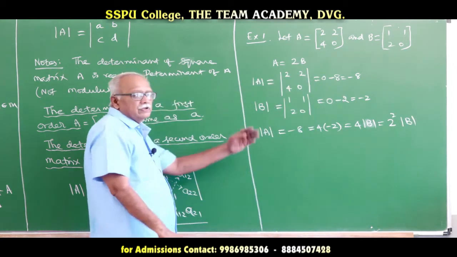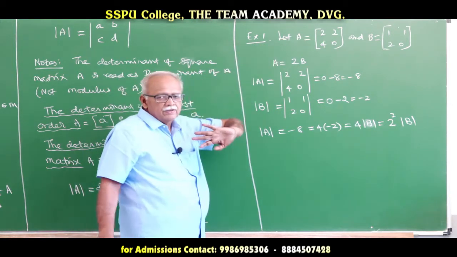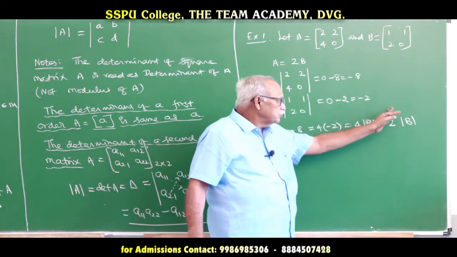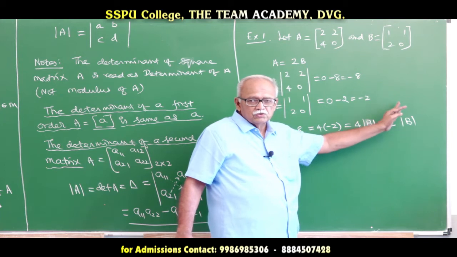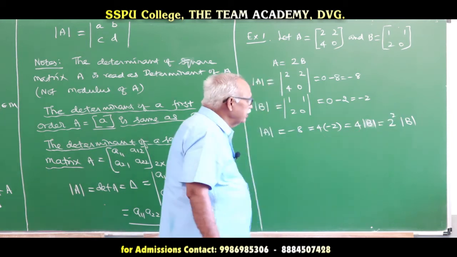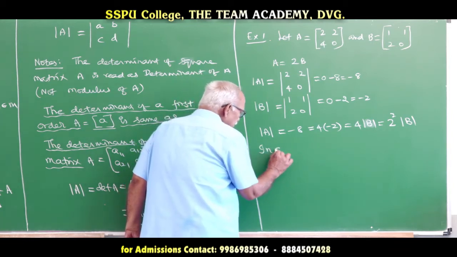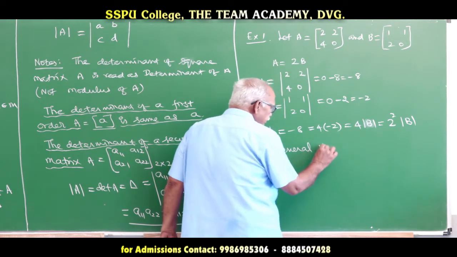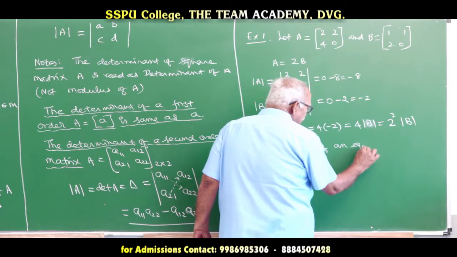So if a matrix equation is like this, A is equal to 2B, then the determinant of A is equal to 2 square into det B. This 2 square indicates that it is a second order determinant.